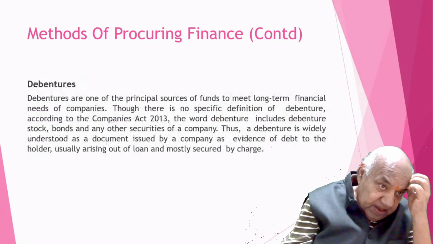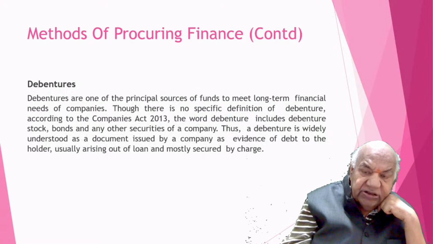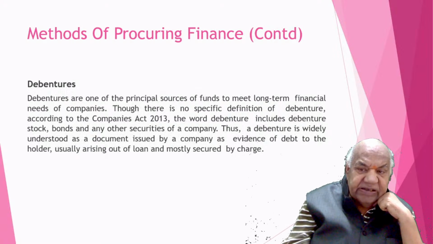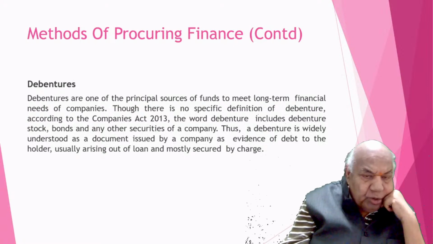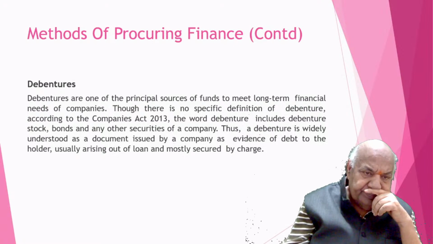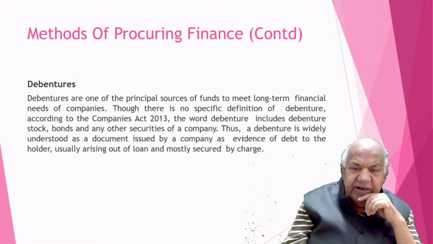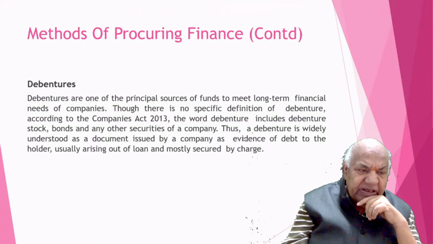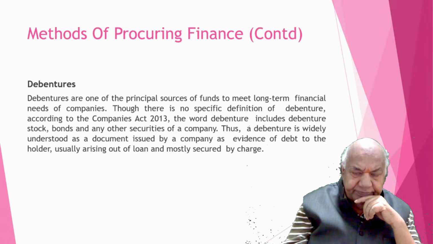Debentures. Debentures are one of the principal sources of funds to meet long-term financial needs of companies. Though there is no specific definition of debenture, according to the Companies Act 2013, the word debenture includes debenture stock, bonds, and any other securities of a company.